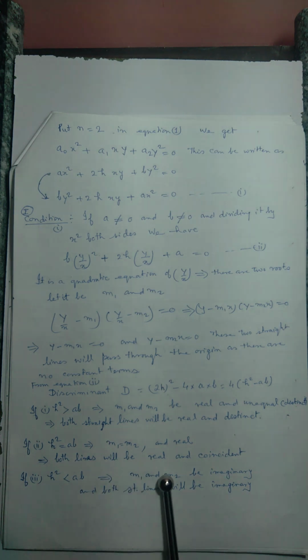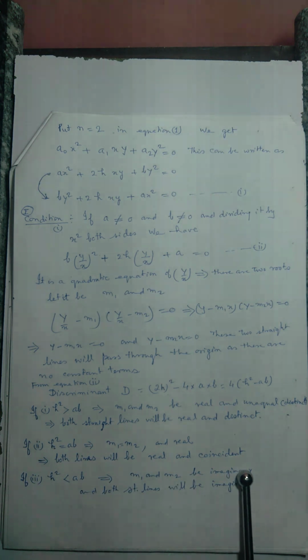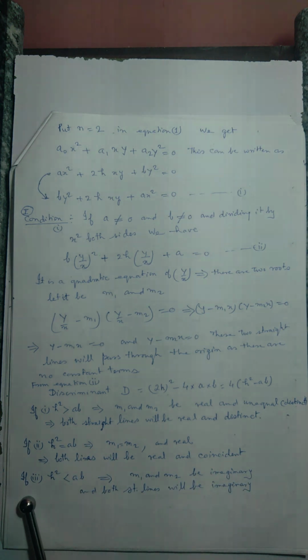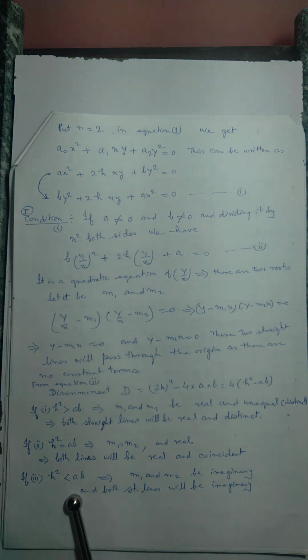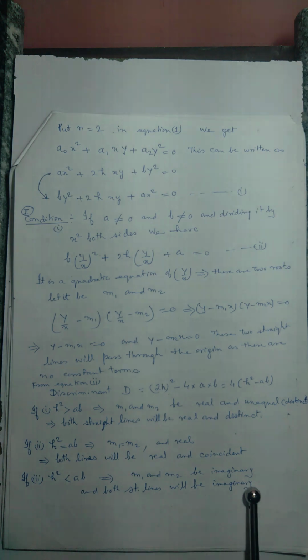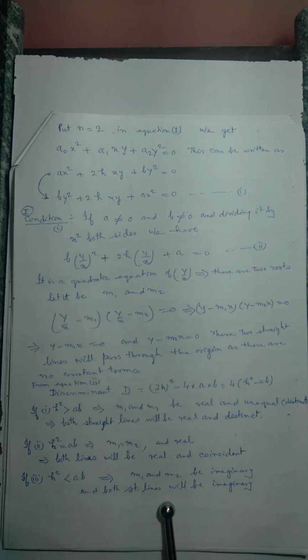Both lines will be real and coincident. In the third case, h² is less than ab, at that time m1 and m2 will be imaginary and both straight lines will be imaginary.